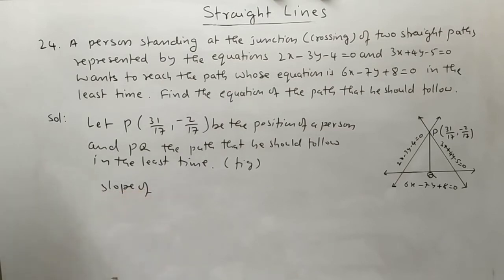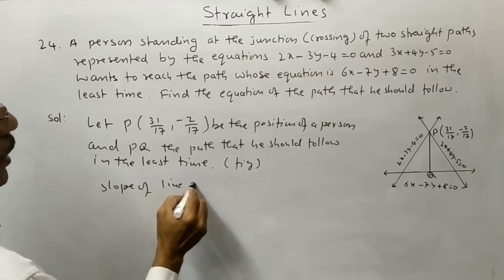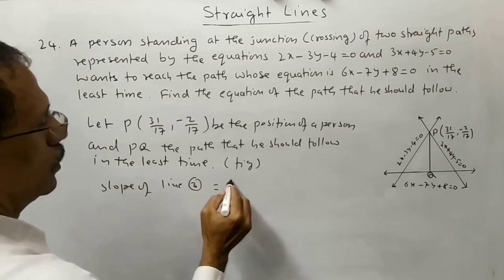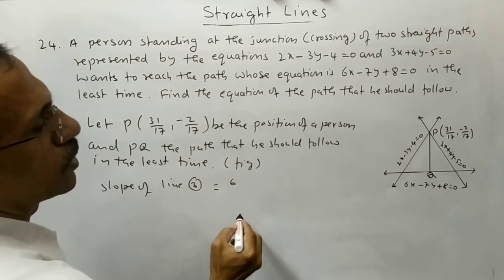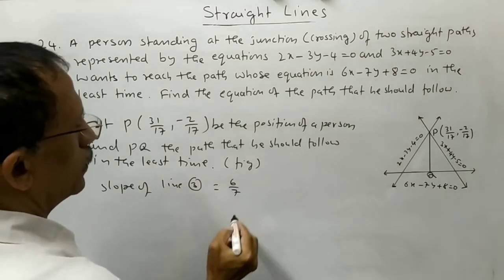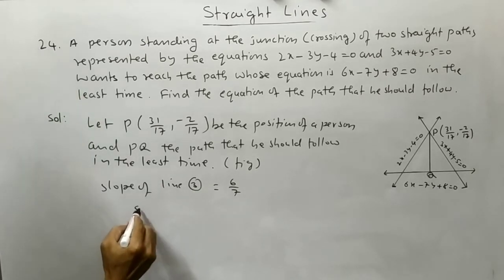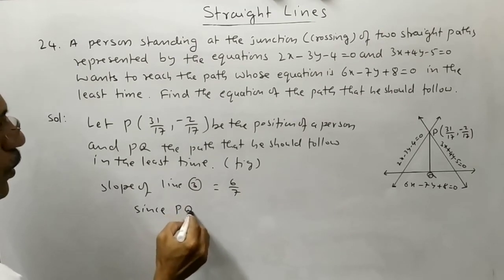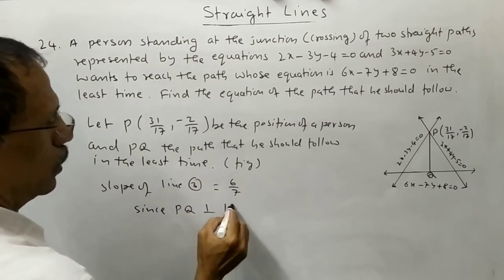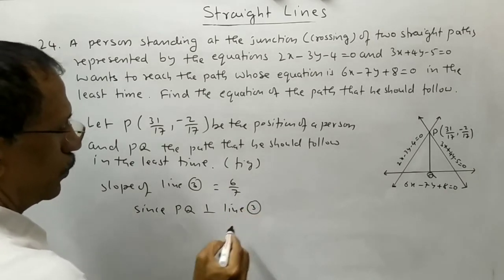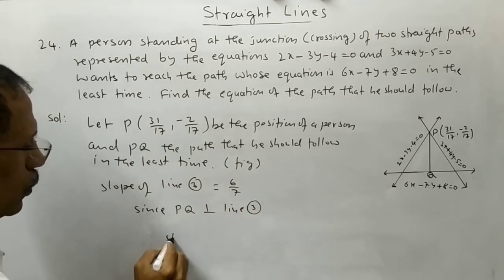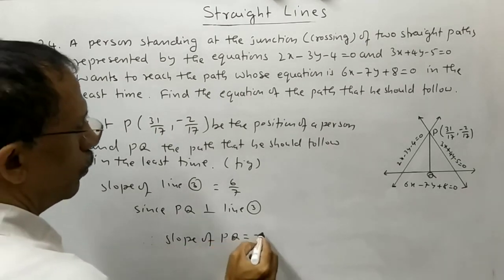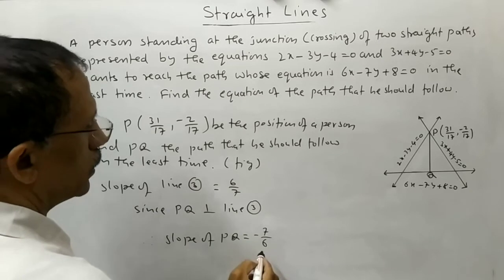Slope of line 3 is equal to 6 by 7. Since PQ is perpendicular to line 3, therefore slope of PQ is equal to minus 7 by 6.